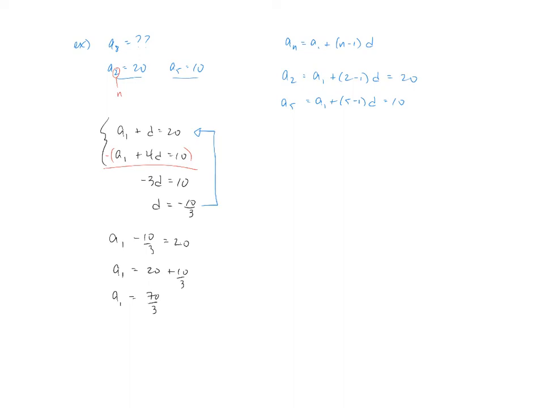So now coming back up into this, a sub n would equal our first term, 70 over 3, plus n minus 1 times our d, which is negative 10 thirds. Now, you could certainly clean that up if you needed to, but in this particular problem, all we care about is a sub 8. So I'll take the 8 now and plug it in for n.